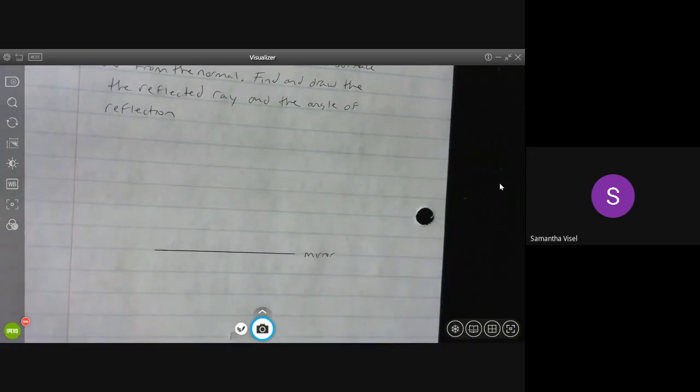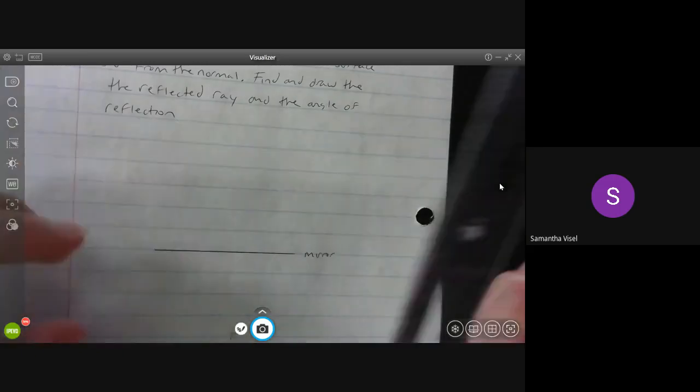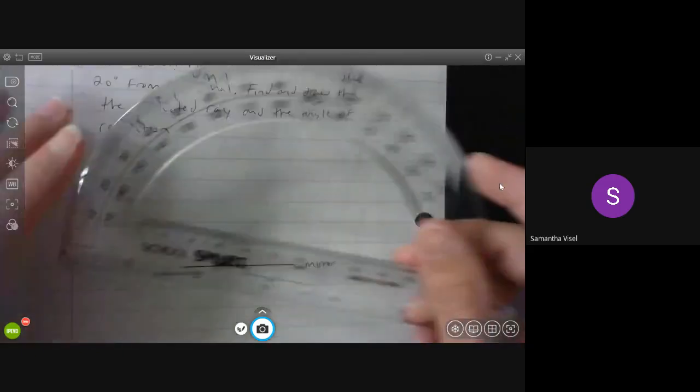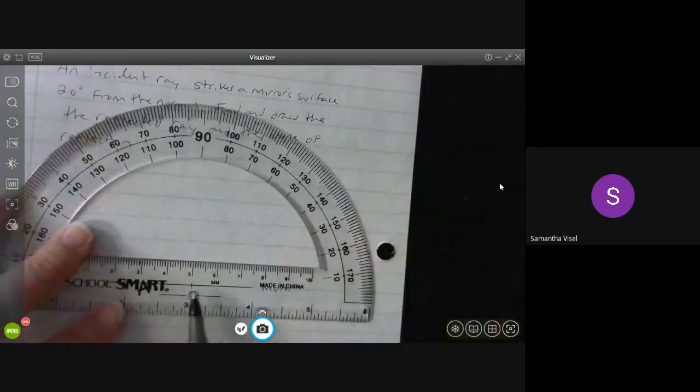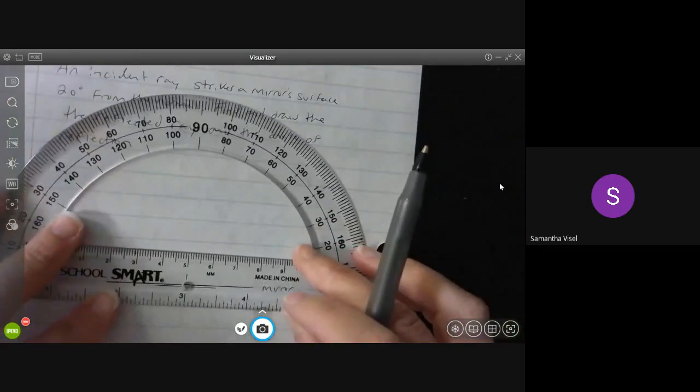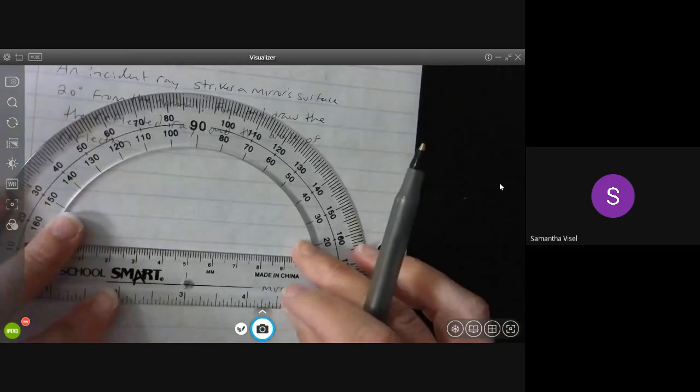And I'm going to need a normal line that's going to divide my angle of incidence and angle of reflection. So that's going to be the point where the light ray is going to end up striking the mirror. Again, we want to line up these black lines that are horizontal with that horizontal line we just did for the mirror.